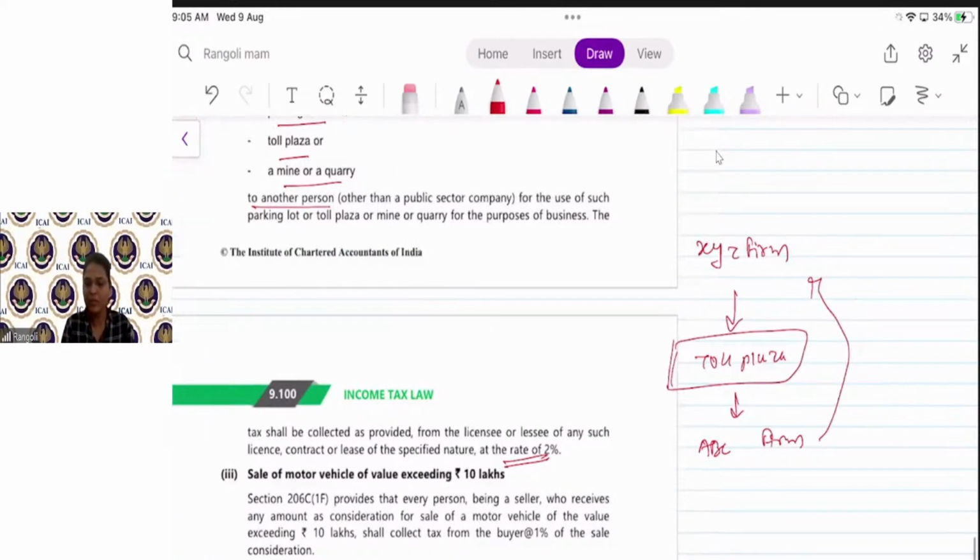Say for example, 1 lakh payment is made by ABC firm to XYZ firm. Then XYZ firm will collect 2% TCS on this 1 lakh from ABC firm and deposit the same to the government on behalf of ABC firm. Is that clear, everyone? Yes or no?